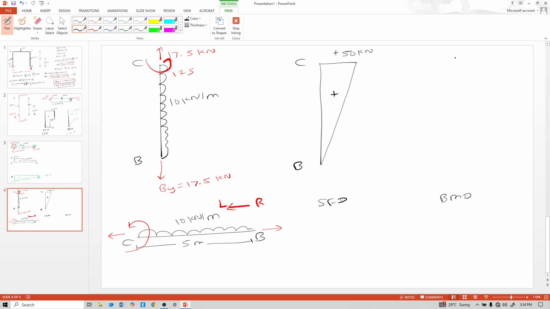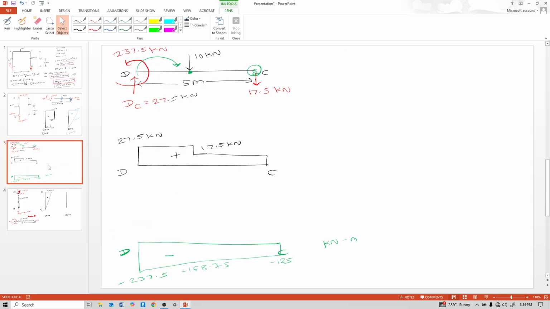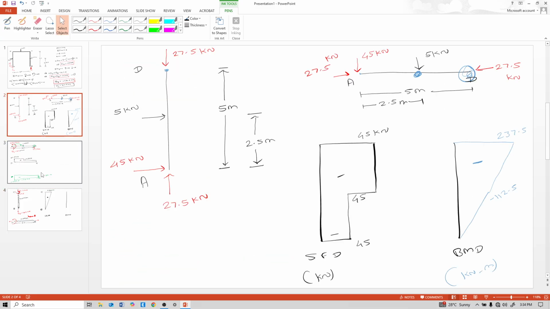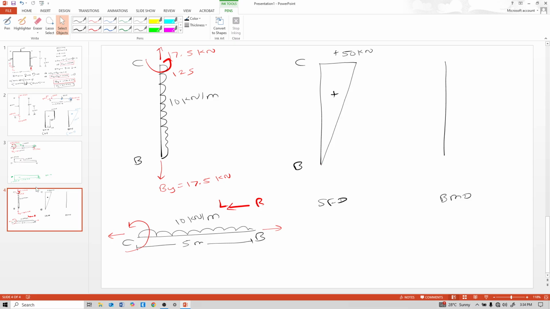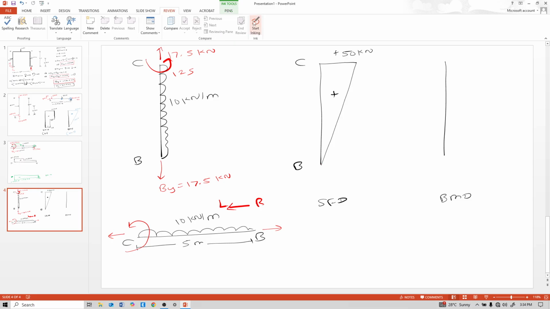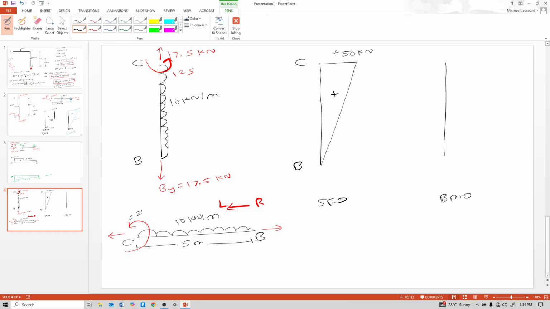Now calculate bending moment diagram. 237.5 kilonewton, anti-clockwise, so it is like this, minus 237.5 kilonewton meter.